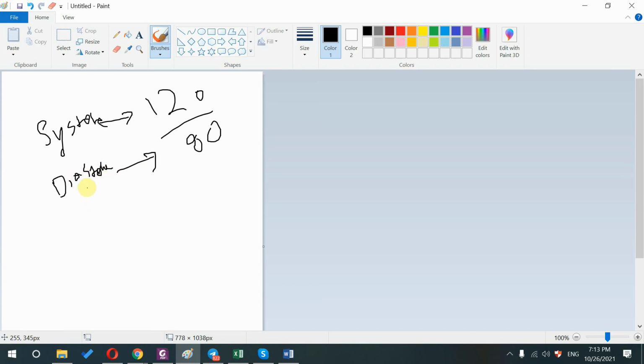The main determinant of the systolic blood pressure is the contractility of the heart, which mediates what? Stroke volume. Yes, so contractility, stroke volume, systole, 120.